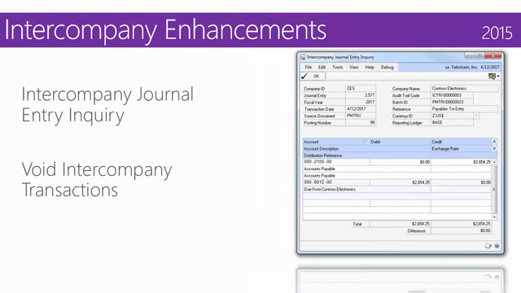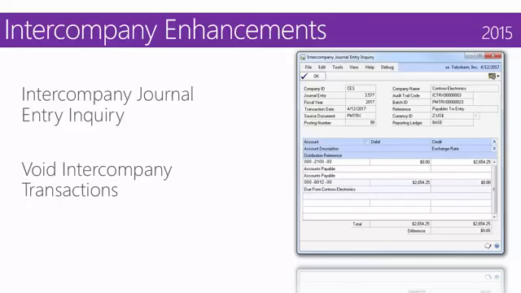In Microsoft Dynamics GP 2015, one of the improvements to intercompany functionality is the ability to view the intercompany distributions of a journal entry from another company. The Intercompany Journal Entry inquiry window is added, allowing the users to see the destination company entries from the originating company and the originating company entries from the destination company.